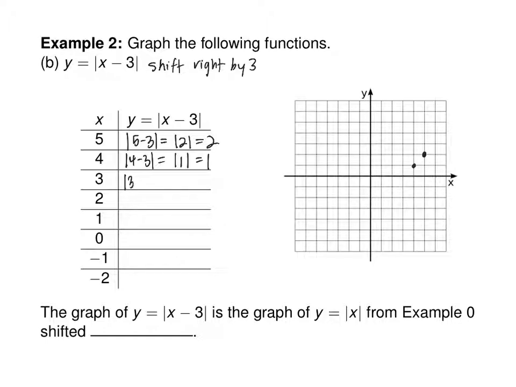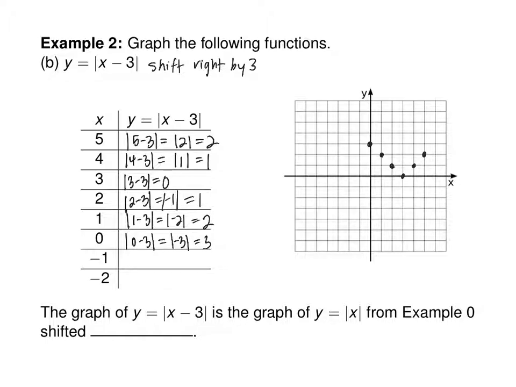If I do 3 minus 3, that makes 0. 2 minus 3 gives me -1, but that absolute value is +1. 1 minus 3 gives you -2, which absolute value is +2. 0 minus 3, absolute value of -3 gives us 3.